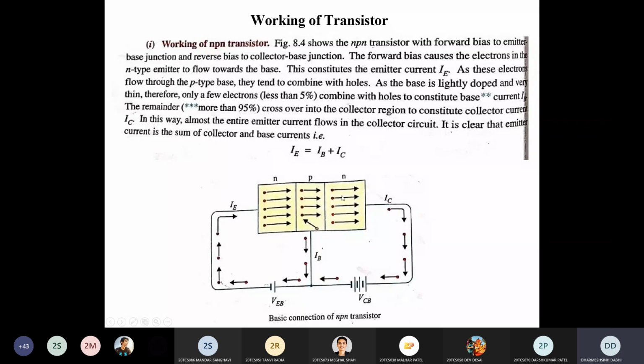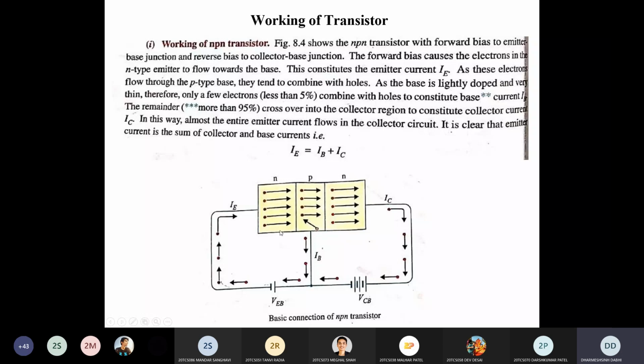As we see, almost all the electrons pass from emitter to collector, more than 95%. So we can say that most of the current flowing from the emitter passes through the collector also. Clear? So we can write the equation: emitter current is equal to base current plus collector current.